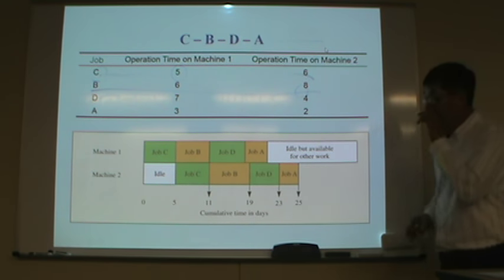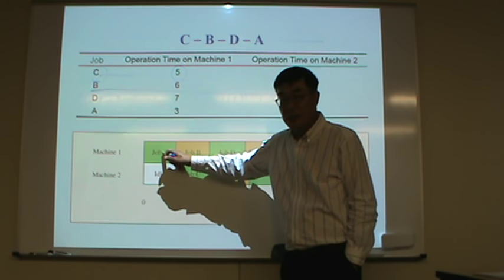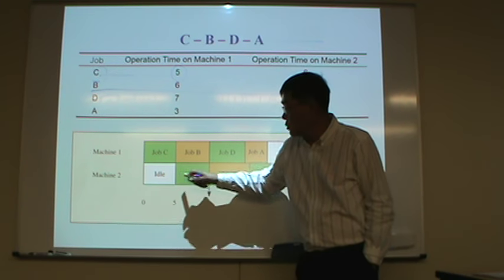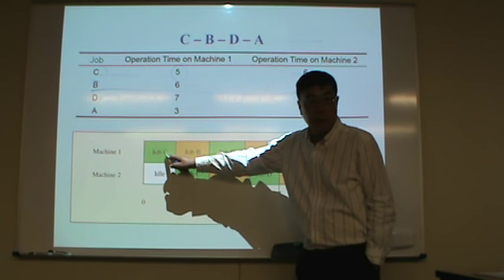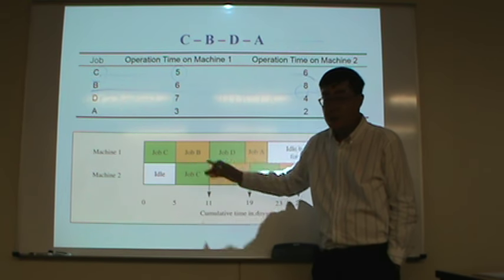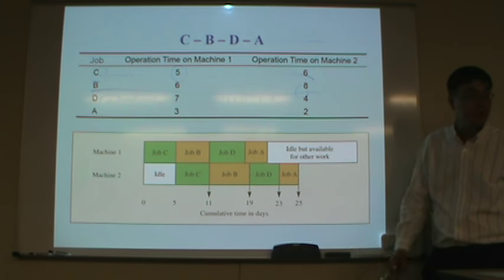So after job A on first machine is done, then it goes to machine 2. After job C finishes on machine 1, job B starts and so on, then total time is 25.